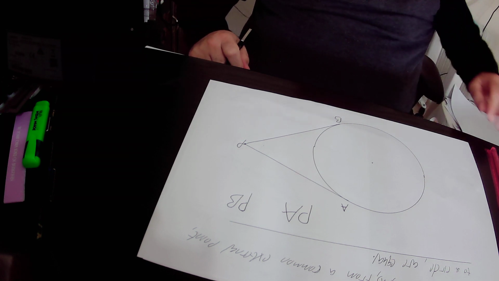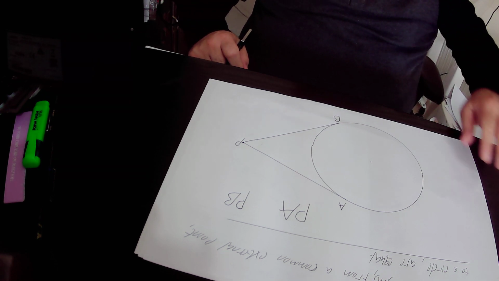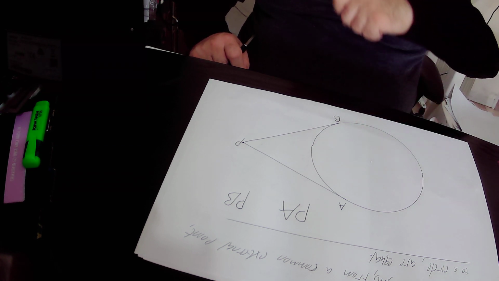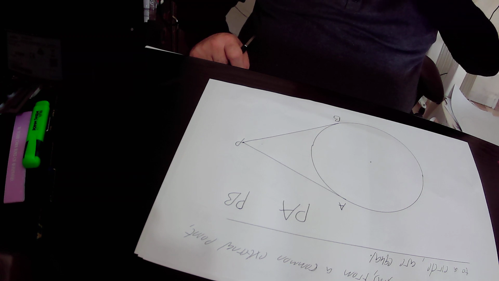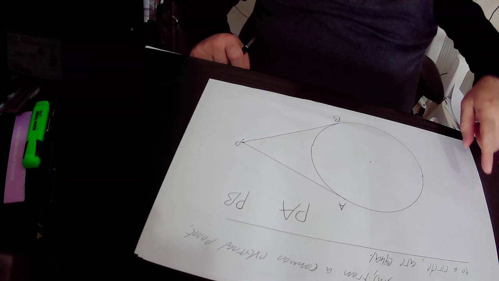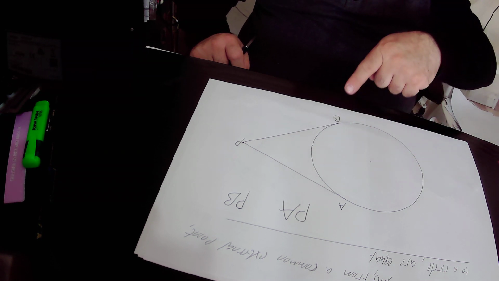So, according to rule number 1, the lengths of two tangents from a common external point, the common external point being point P, to a circle, at points A and B, are equal.